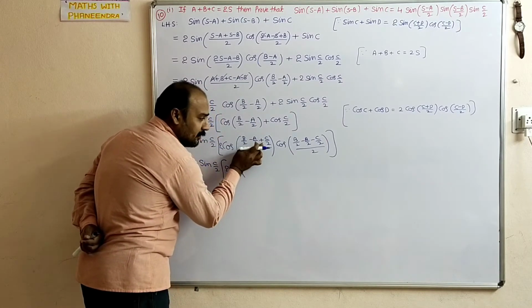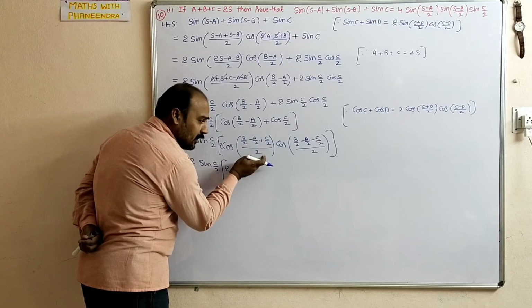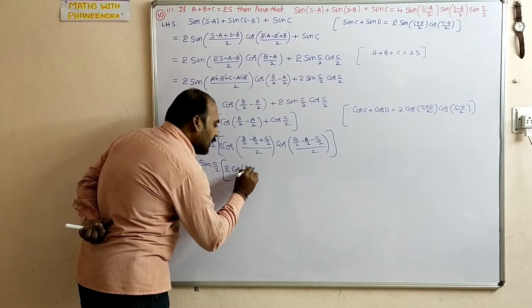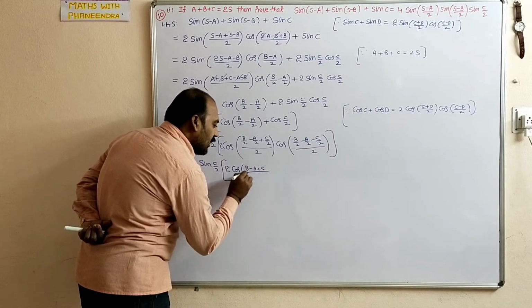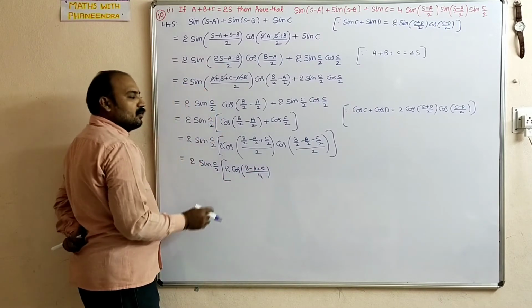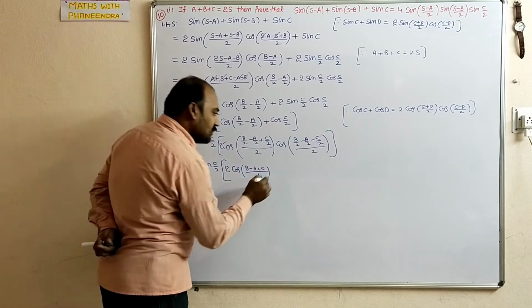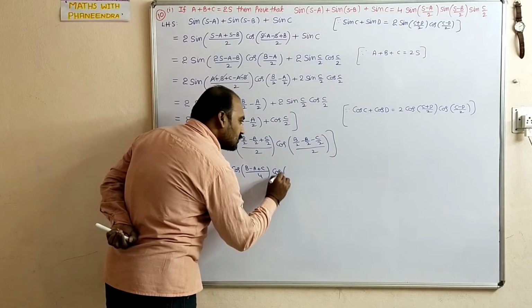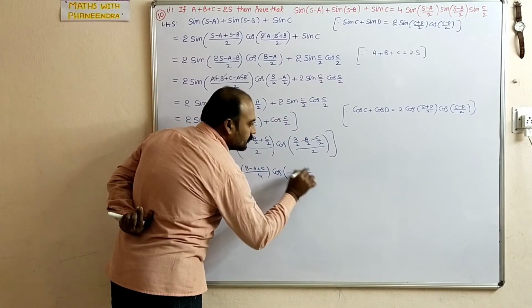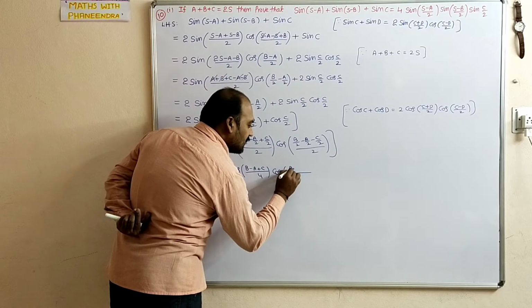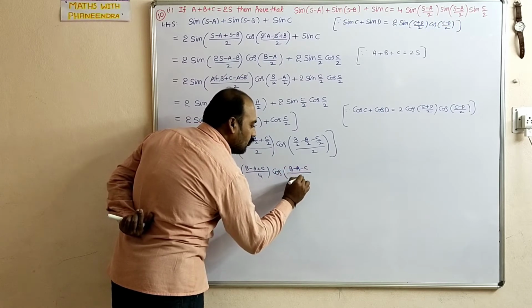Taking the LCM in the numerator and bringing 2 into the denominator, it becomes b minus a plus c divided by 4. Similarly, cos of b by 2 minus a by 2 minus c by 2, so b minus a minus c divided by 4.